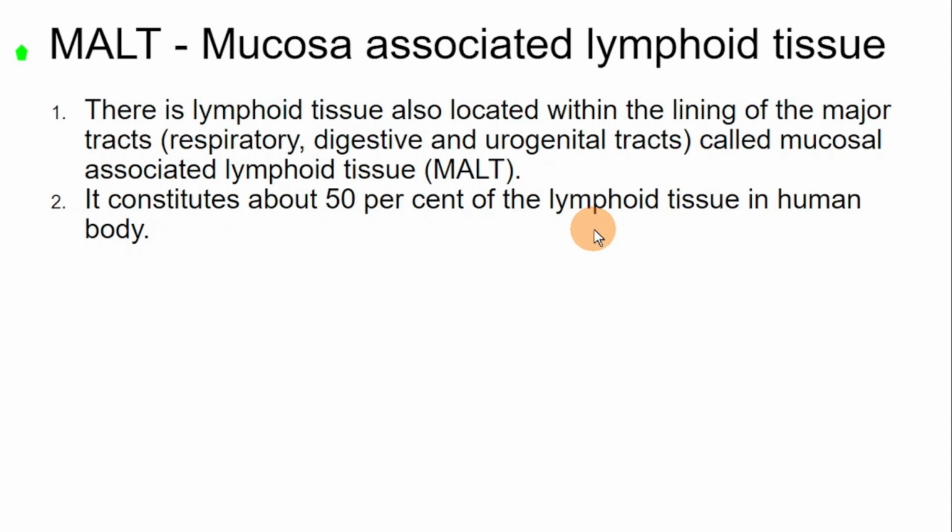We don't consume sterile food or sterile water. We do not inhale sterile air. So the pathogens which can enter via these two systems are enormous. And this is the reason why 50% of the lymphoid tissue is dedicated to protecting our body via these routes.